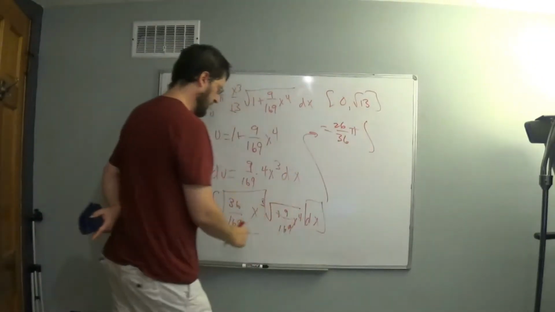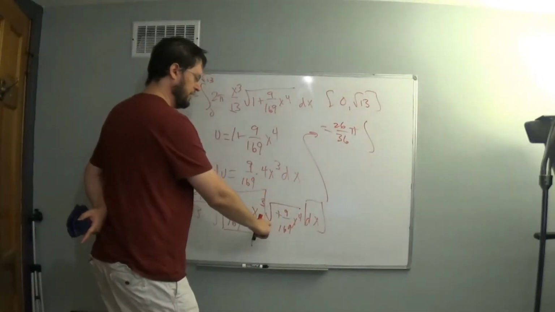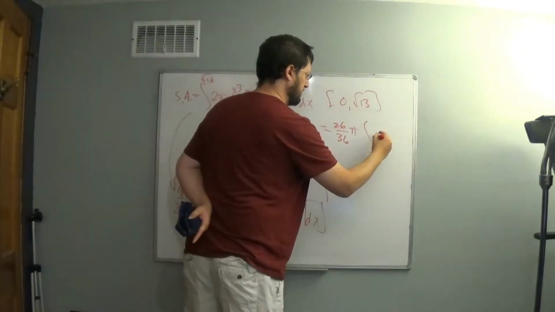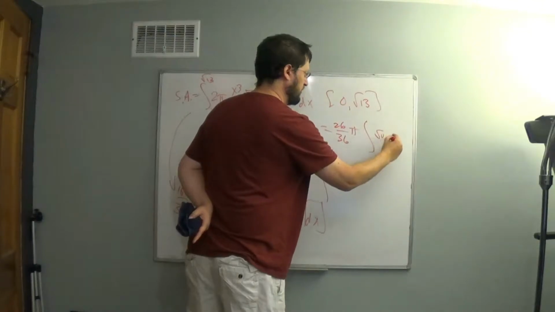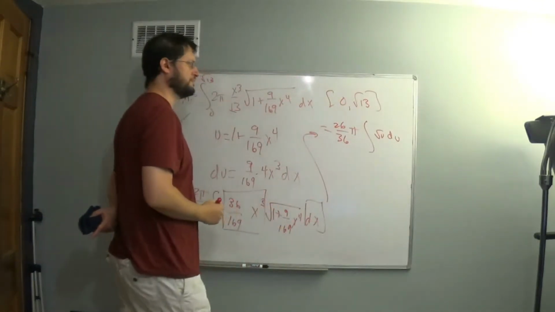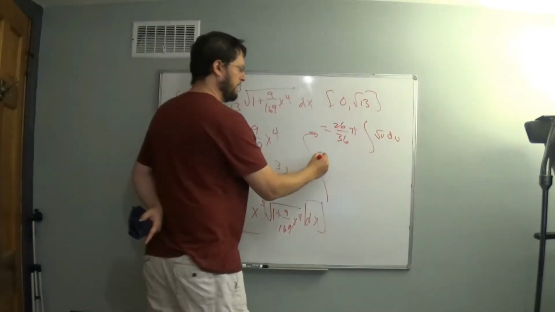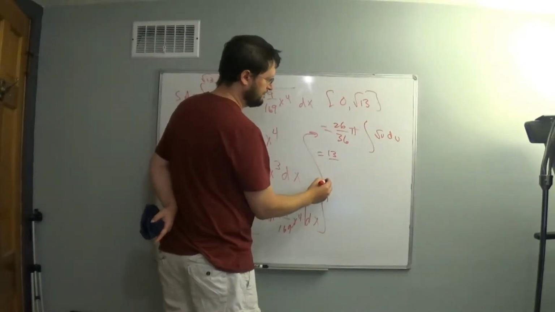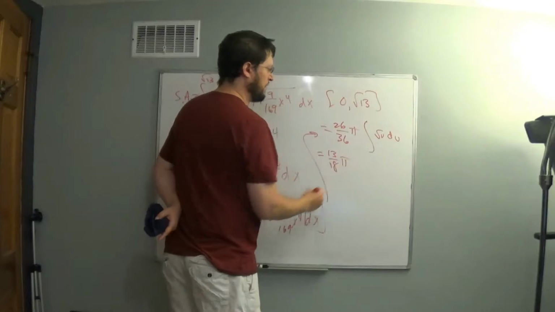The inside, the stuff in the box is du, and this is the square root of u. So that will be the integral of square root of u du, which is 13 over 18 pi.